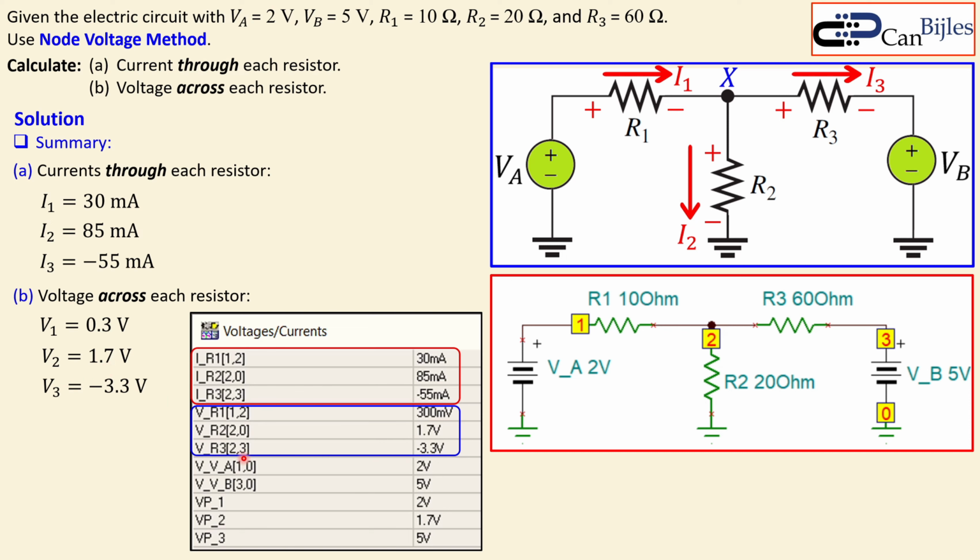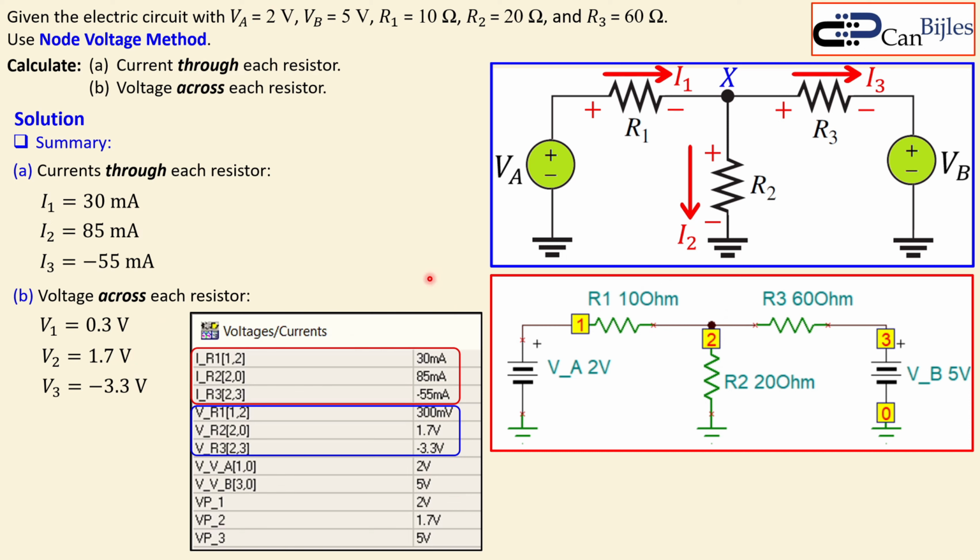And we have also V3, which is this one between 2 and 3, that is minus 3.3 volts. You can also check this in a different way. You can say, I would like to use Ohm's law. Then you can multiply this current, which you have determined here, times its resistance, you will get the exact same result. Now that's really nice, the confirmation of our calculations using the simulation in SPICE.